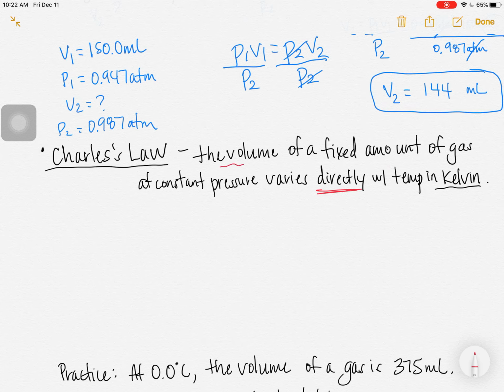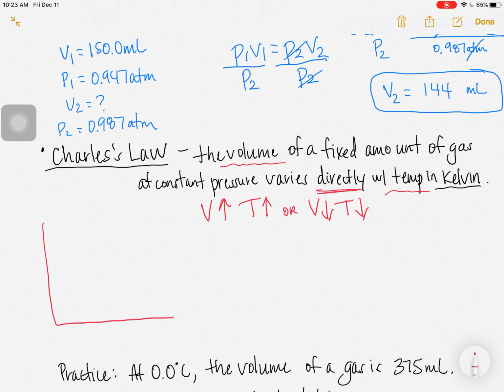All right, so this time we're dealing with a directly proportional relationship, and we're dealing with volume and temperature. Okay, so again, directly proportional is going to be as one increases, the other increases. So this time we're looking at as V increases, then T increases, or as V decreases, T decreases.